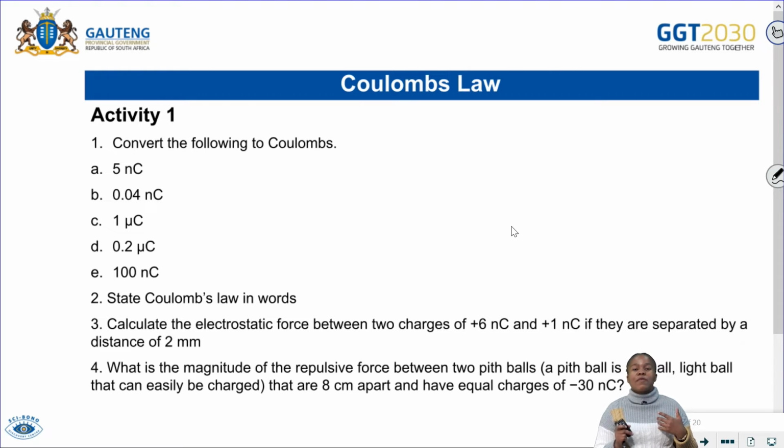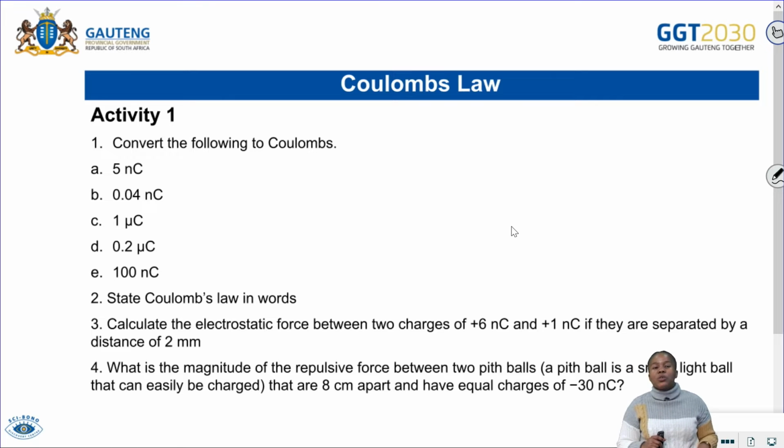The first one is 5 nanocoulombs. The second one is 0,4 nanocoulombs. Remember, nano is times 10 to the power of minus 9, so that you are able to move from nanocoulombs to coulombs. C is 1 microcoulomb, then 0,2 microcoulomb, and the last one is 100 nanocoulomb. I want you to convert these into proper coulombs.